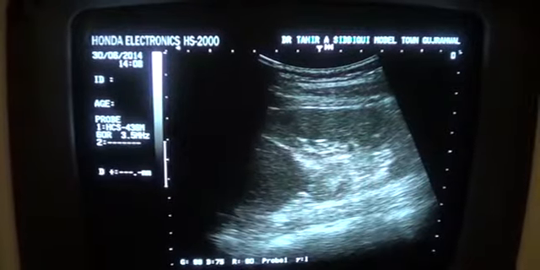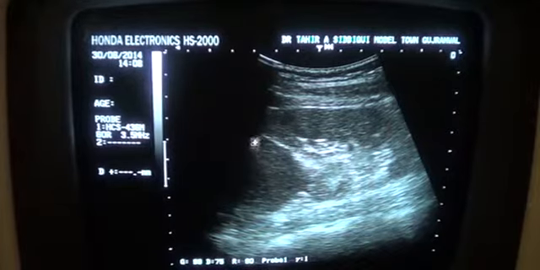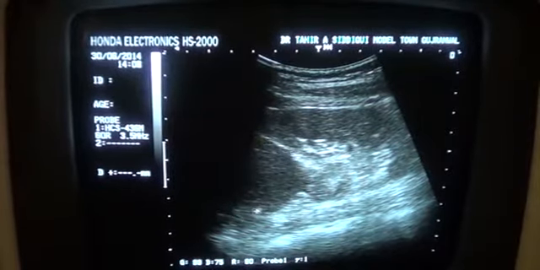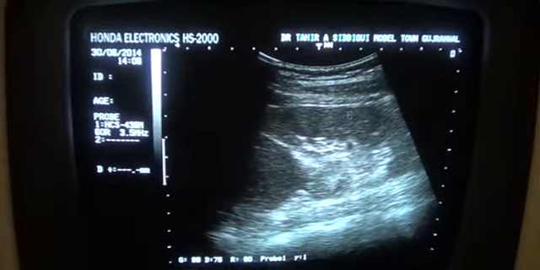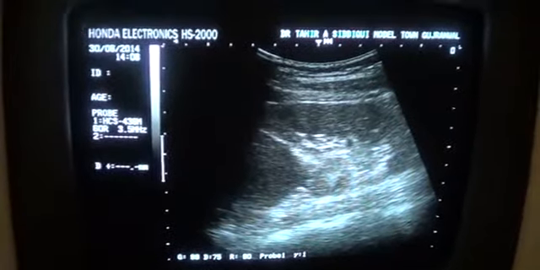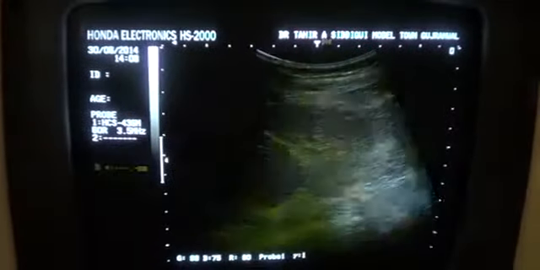Now this is the upper pole of the left kidney, and this is the cystic area. This is the left iliopsoas muscle. The cystic area is well demarcated and thin walled, and this is the parenchyma of the upper pole of this left kidney. These are the pyramids, central sinus echo-complex.